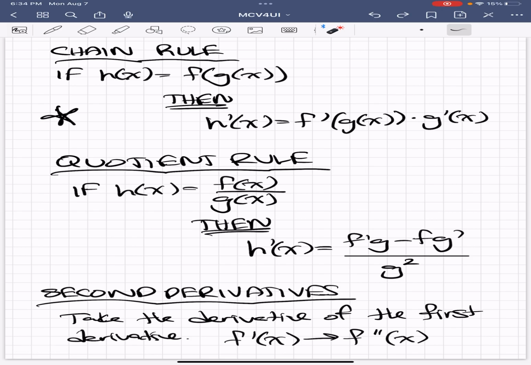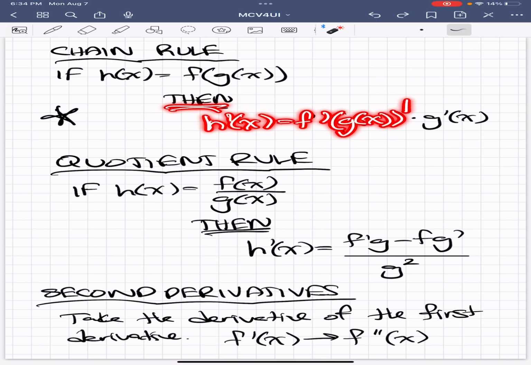We have the chain rule. So if f is composite functions, then the derivative of h of x equals the derivative of the entire function using the exponent that's usually there.